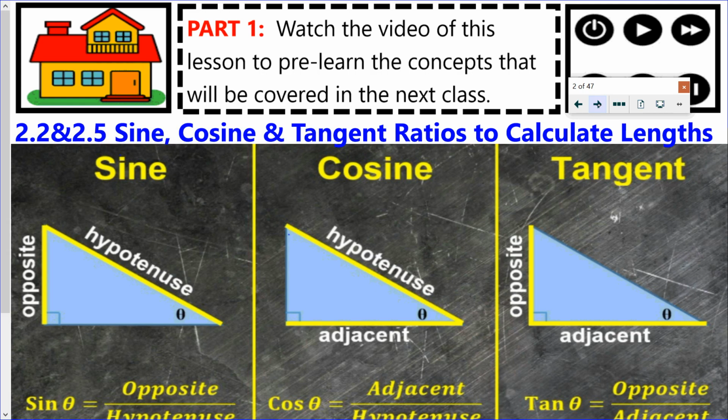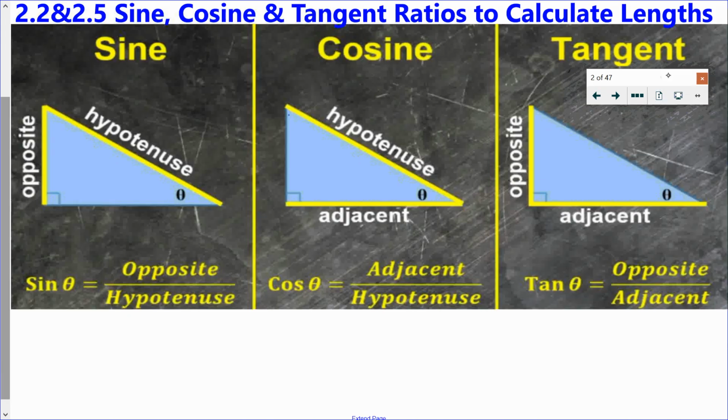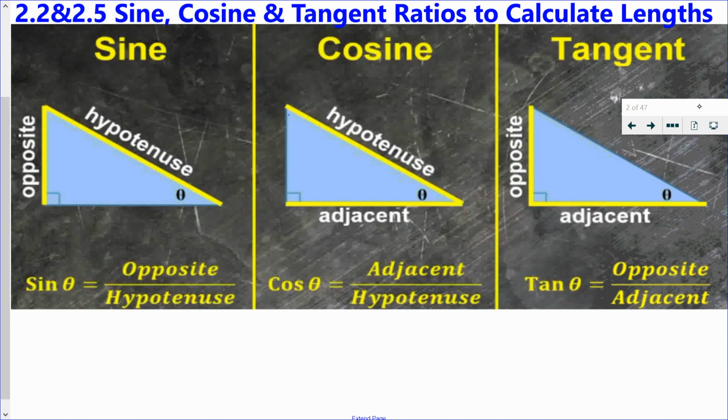Now you guys have already done an investigation, and in that investigation you saw the ratio of the sides of a triangle. So you saw that sine is the ratio of opposite over hypotenuse, cosine was the ratio of adjacent over hypotenuse, and tangent is the ratio of opposite over adjacent. Now, a nice little way of remembering that is by using SOH CAH TOA.